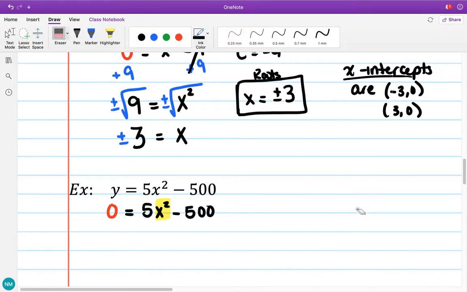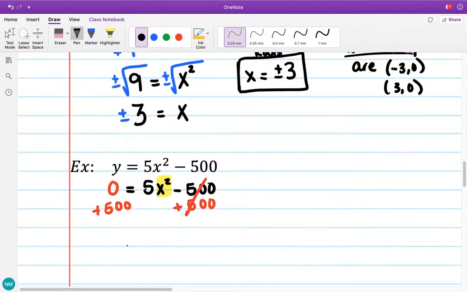It's the same concept. Isolating the x squared is the same concept as isolating the x. So I'll use red, plus 500 plus 500. This goes away, and I get 500 on this side equals 5x squared.